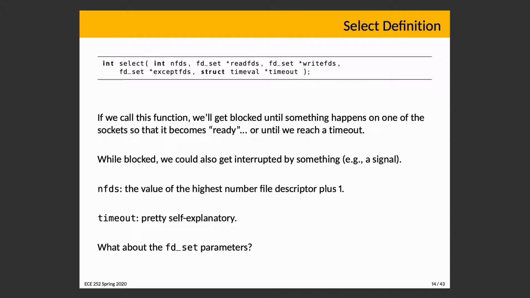So the function signature for select takes a lot of arguments. NFDS is our first argument. It is supposed to be the value of the highest number file descriptor in any of the three sets plus 1. This is what I mean about select requiring you to cut up its food for it.